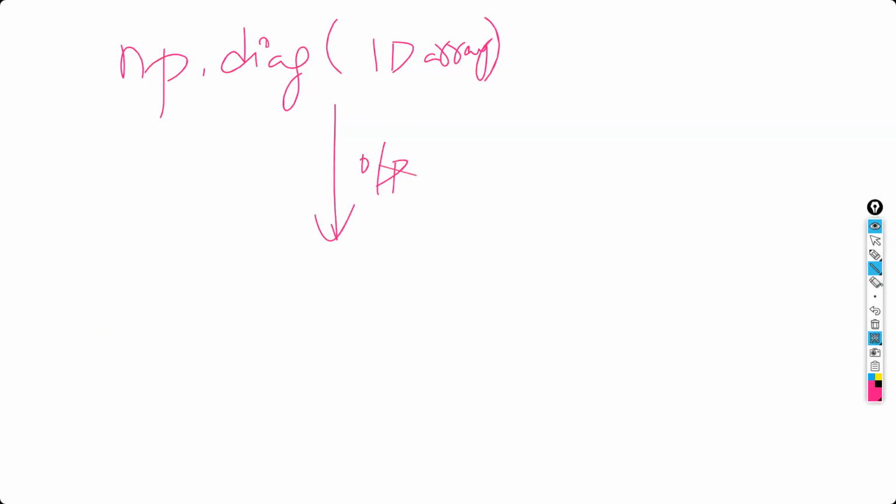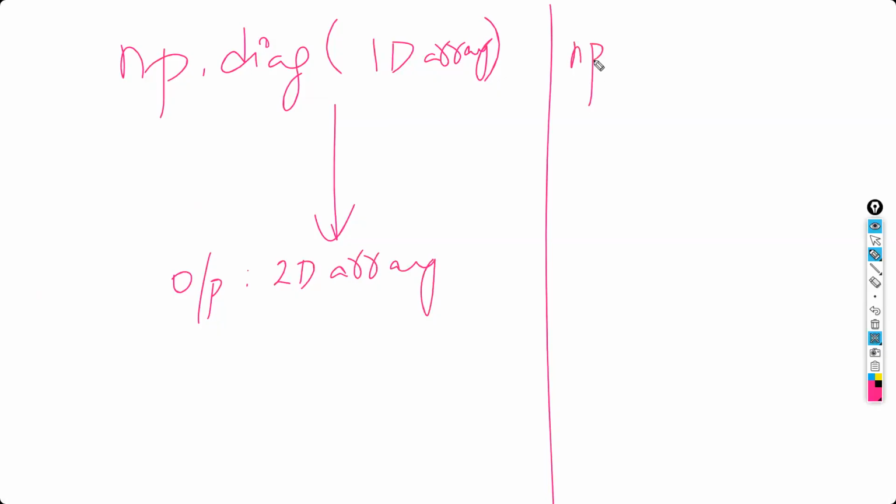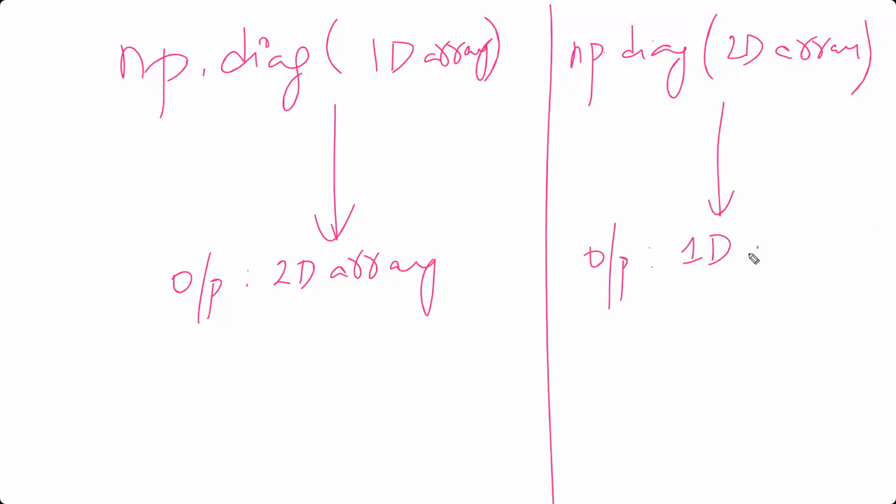If you give np.diag a 2D input, the output will be 1D. If you give a 1D array as the input, it will give the output as 2D. If you give 2D, output will be 1D.